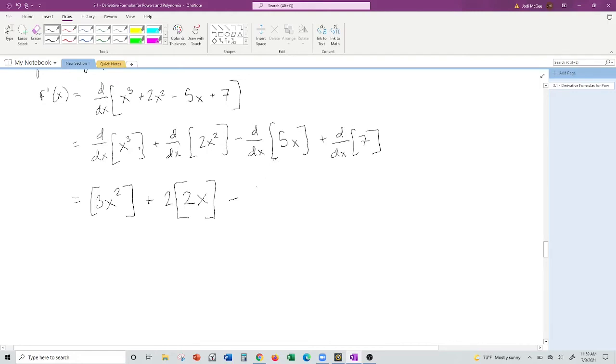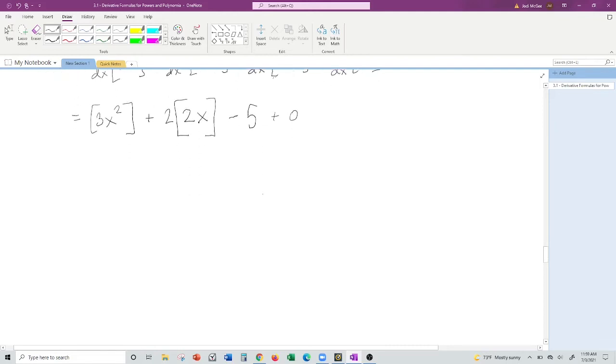So we know that our derivative of 5x is just 5. And lastly, we have the derivative of 7. 7 is a constant, and the derivative of any constant is 0. We don't need to write the plus 0, but I'm doing it for completeness.